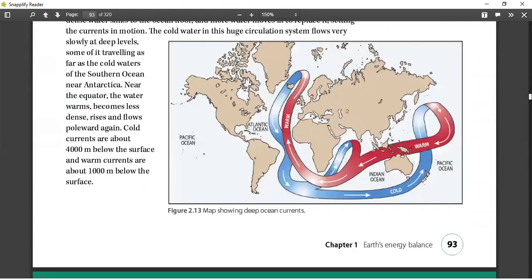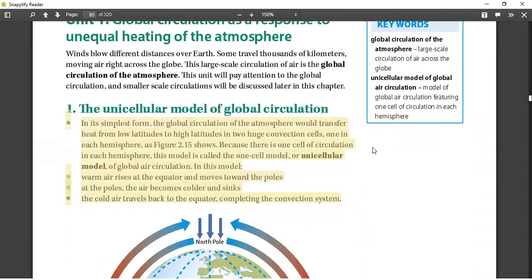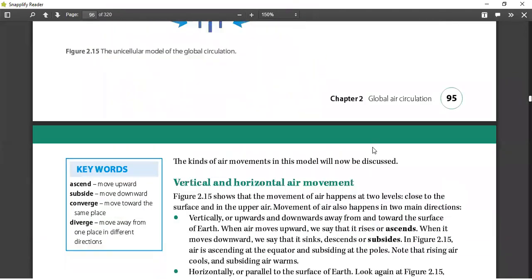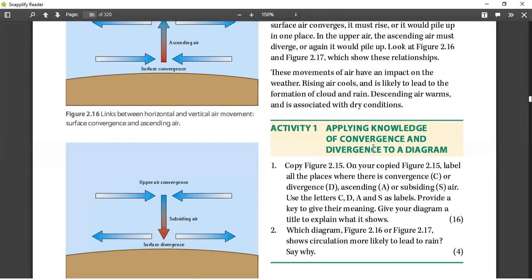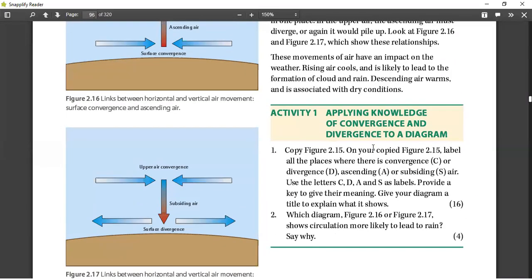All right, let's start at activity 1 then. Your first activity will be activity 1. No, you can't do that one. Copy figure 2.15, label all places where there is convergence. Okay, yeah, we can do activity 1.